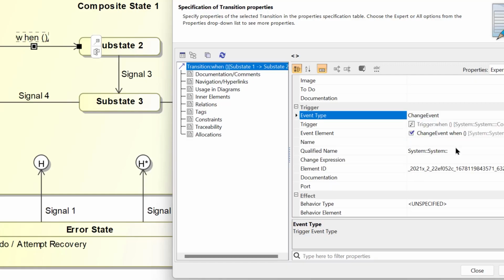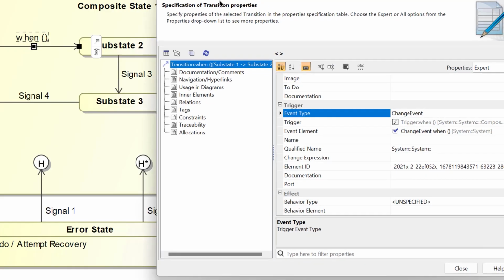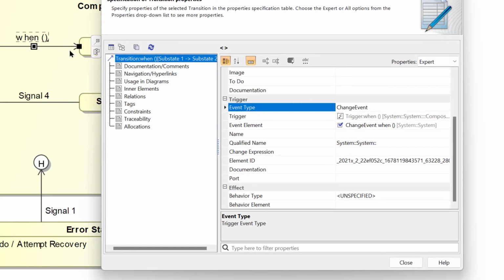So if we were to say change event, notice we now have the when with parentheses. And that could be when x is greater than y. That could be comparing values, or simply when something is equal to another value. So those are when you start incorporating your value properties to say, this is when a certain value meets some certain criteria, in which case it would transition to that state.